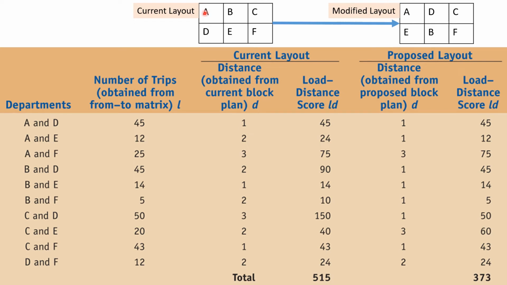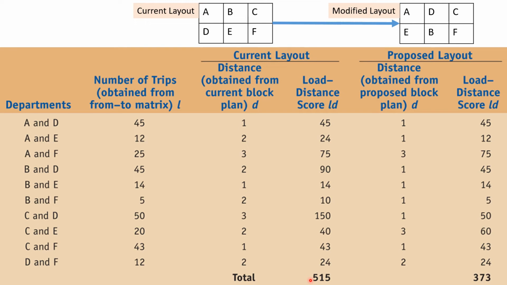The existing layout arrangement is like this: A, B, C, D, E, F. So the distance obtained from the current block plan is just assumed to be 1 for A and D, because they are just side to side, A and E, 2, and so on. So we just multiply the frequency with the distance to get the load distance score for the existing. And when we add up, we get 515 for the existing layout.